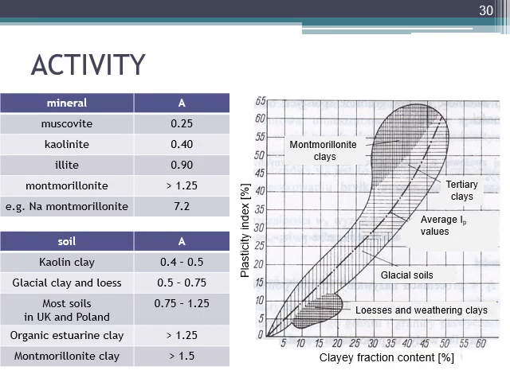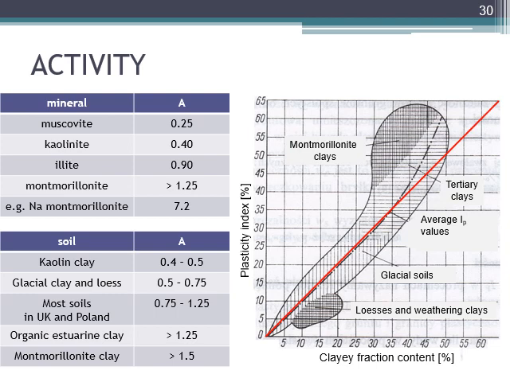If the soil activity equals 1, that means that the clay fraction against the plasticity index would be placed along this red line. And as you can see, most of the soils are following this shape. So they're close to this red line. But there are some exceptions, like montmorillonite clays, which will have the plasticity index much higher than expected.